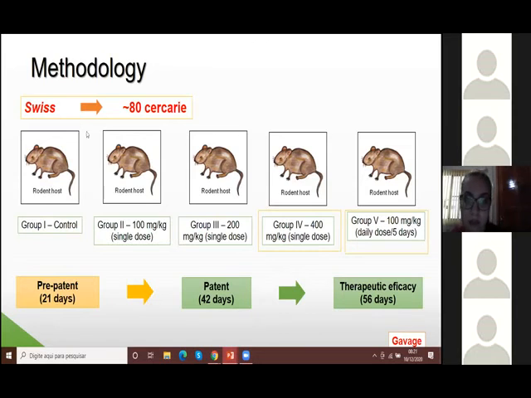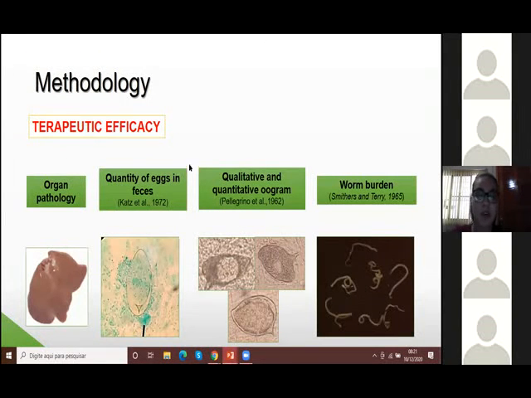For therapeutic efficacy, we analyze 4 topics mainly. The first, the organs affected by the disease, here the liver and the spleen. We analyze the mass of these organs. We analyze the quantity of eggs in the feces by Kato-Katz.